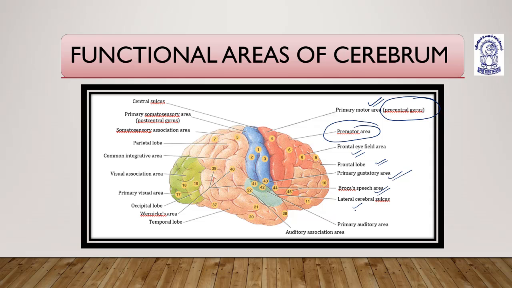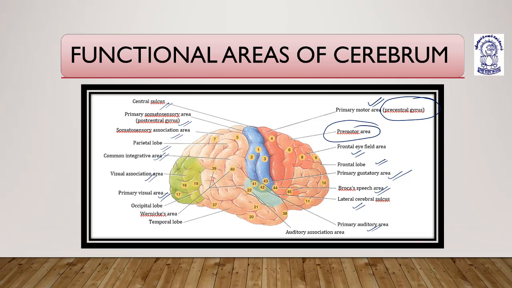Then the lateral cerebral sulcus. Area 42 is the primary auditory area in the temporal lobe. Areas 40, 39 and 22 are Wernicke's area. This is the occipital lobe, where 17 is the primary visual area, and then the visual association cortex. The parietal lobe has the common integrative area, the somatosensory association area, the primary somatosensory area of the postcentral gyrus, and the central sulcus.